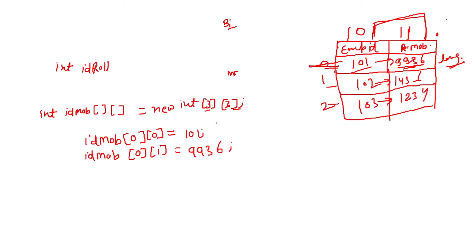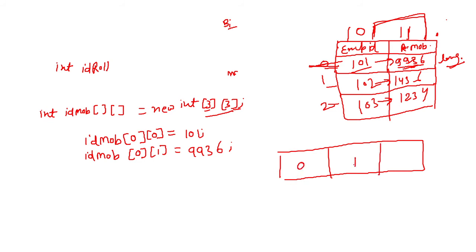Internally, if you have declared an array of size 3 and 3, this is how it is. This is index 0, this is index 1, this is index 2, and inside index 1 there is 0 and 1, meaning one array has two data.